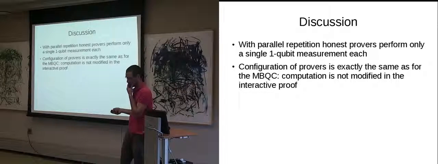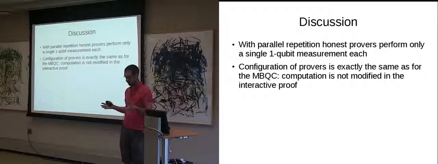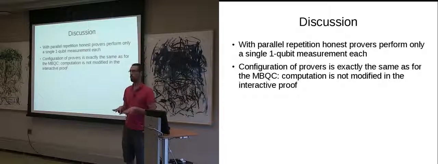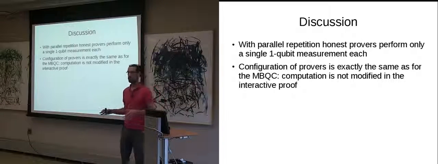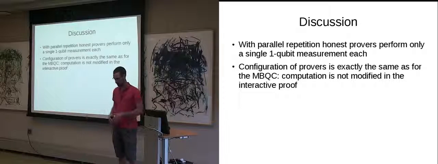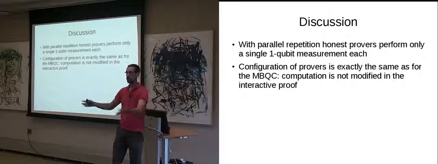Another way you can think about this is to imagine that it's just sequential. In that case, the configuration of the provers is exactly what you would do if you were just going to do the measurement-based quantum computation by itself. So imagine that somebody invents a nice ion trap computer that implements this triangular graph state, and they say, look, we can do all these computations on it.